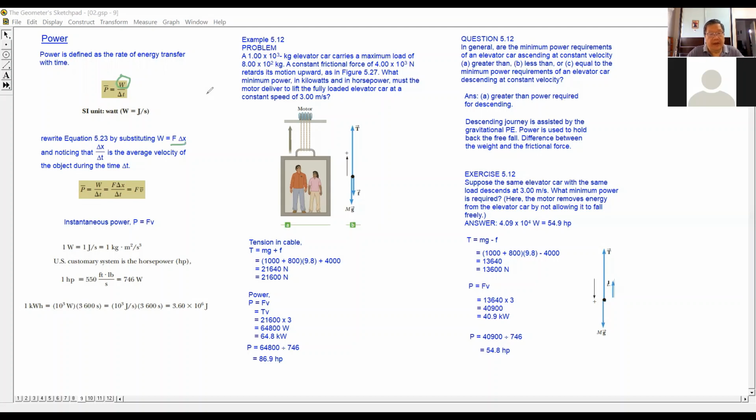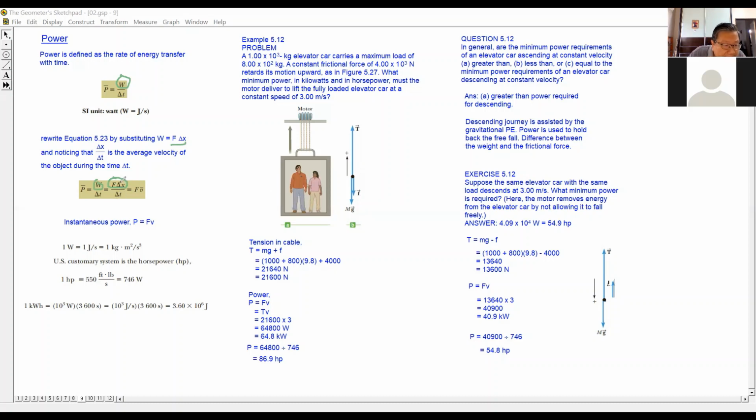This is our definition of work done. So if you substitute this into the equation, you replace the W with the force times the distance, and the delta T remains delta T.